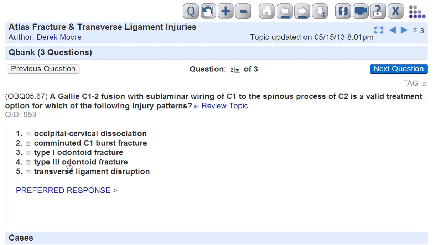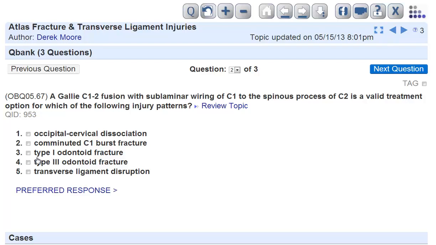Type 1 and type 2 odontoid fractures: a Gallie C1-2 fusion is an effective way to stabilize the atlantoaxial joint, so it is an indication for some odontoid fractures. However, type 1 fractures are avulsion injuries, and they are stable.